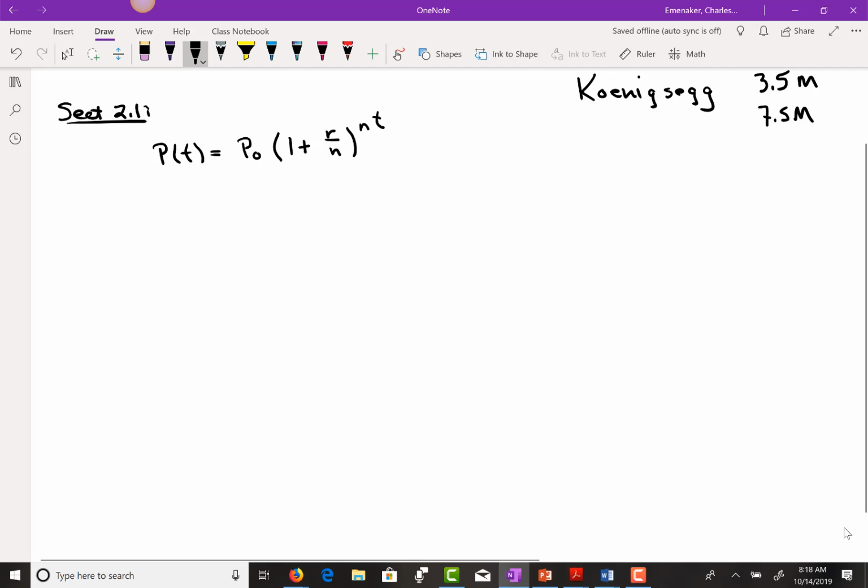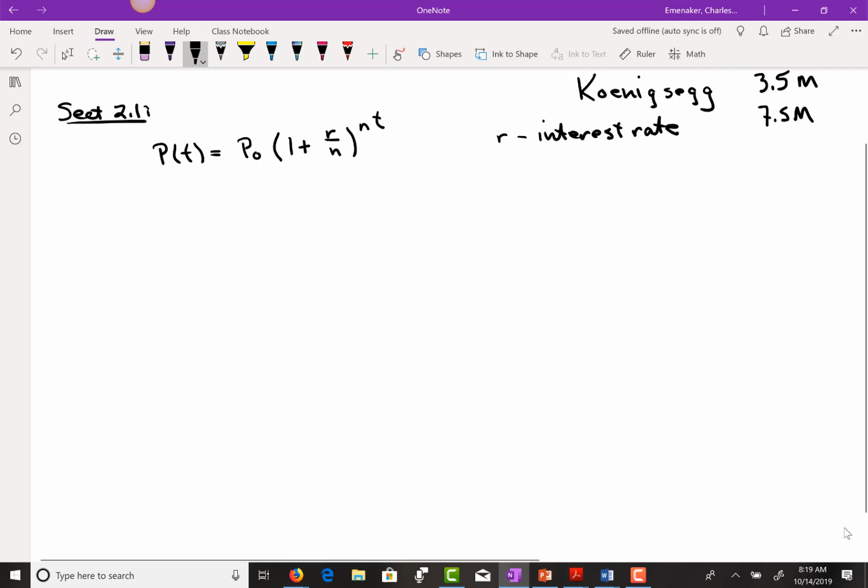Okay, well, that's all well and good, but what does this stuff mean? r is the interest rate. Now be careful, because it's going to be the interest rate not as a percentage but as a decimal. So if you're getting 8%, as a decimal that's going to be 0.08. Does that make sense to everybody?